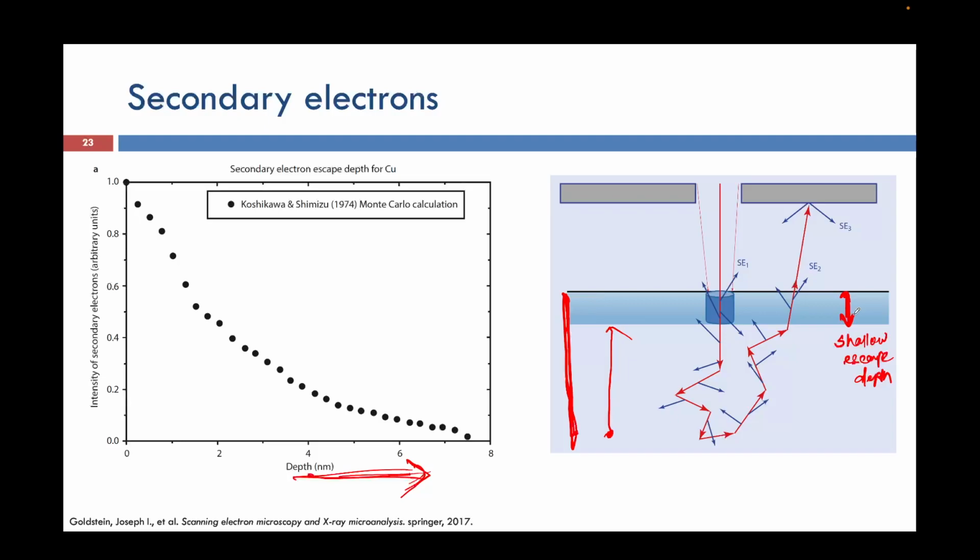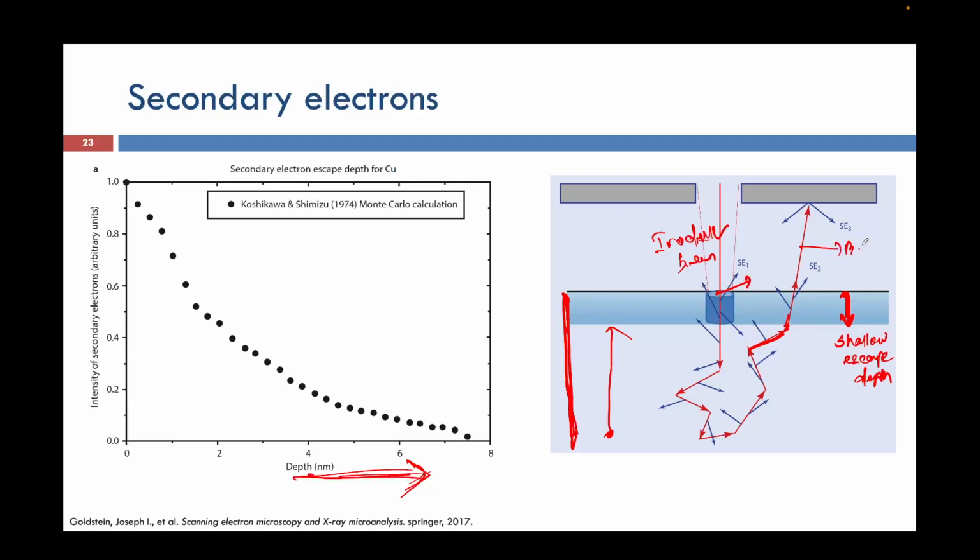Let's say one electron has gone through multiple scattering, then finally it has got energy from here, and it is not necessary that it will go out immediately. It will also go through a certain number of scatterings. So this is my incident beam, and this is my BSE.